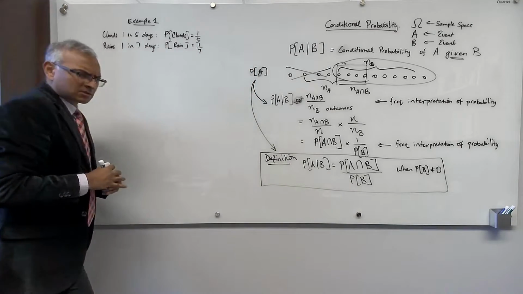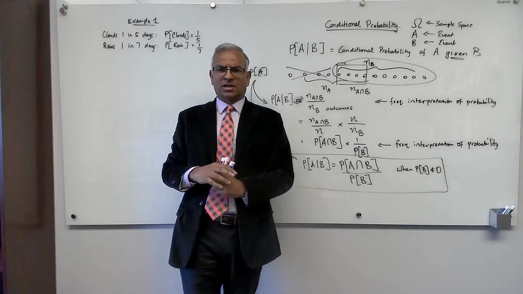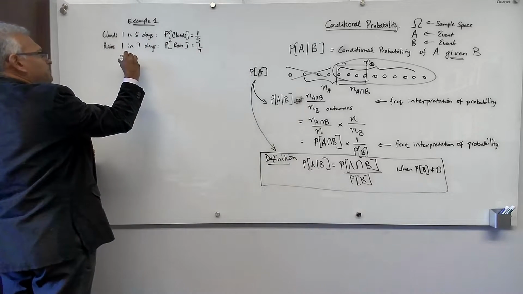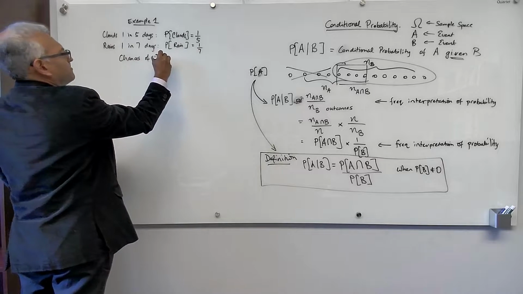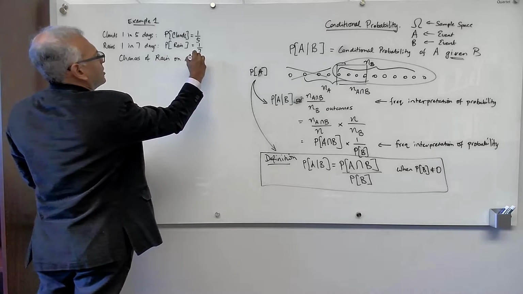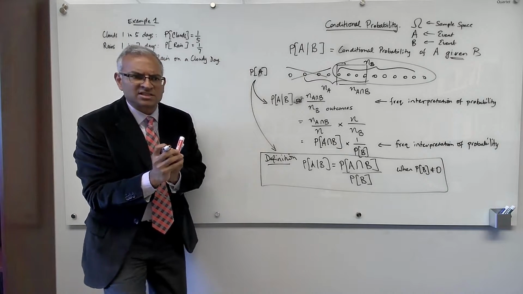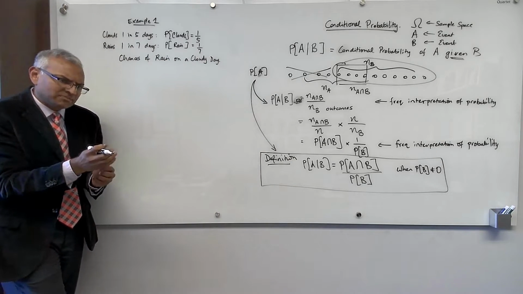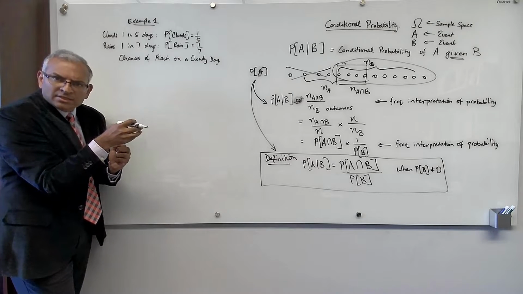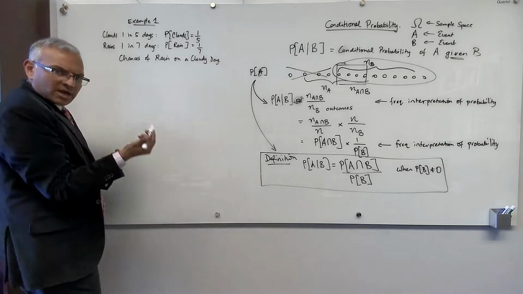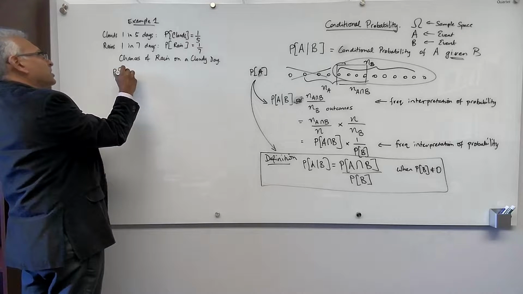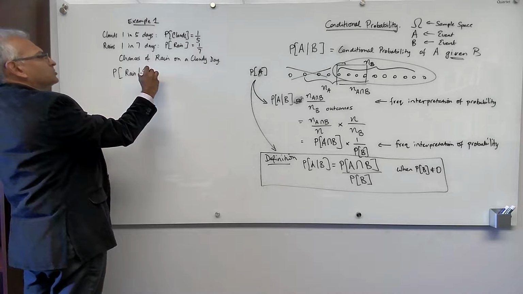Okay. Now, the question: what are the chances of rain on a cloudy day? So let's pin down exactly what we're asking for. We're asking for, if you picked a random day and I told you that it's cloudy, then what are the chances of rain? Effectively, we're asking, what's the probability of rain given clouds?